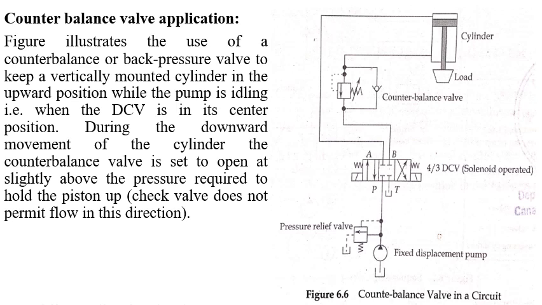Spool valves tend to leak internally under pressure. This makes it advisable to use a pilot operated check valve in addition to the counterbalance valve if a load must be held in suspension for a long time. Okay, this is the working of the counterbalance valve application.